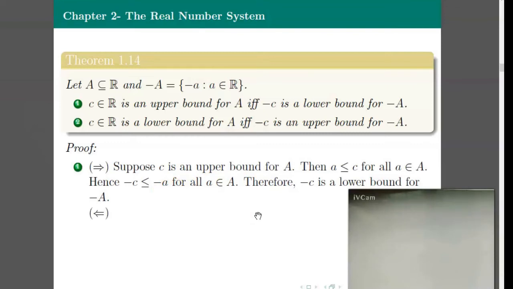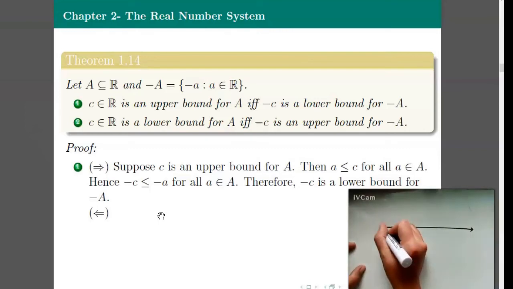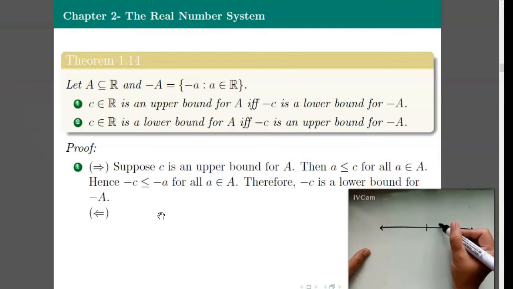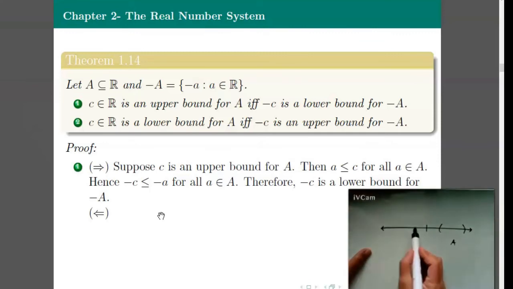So let me have this illustration. Okay, so if we have here set A, the negative of set A is somewhere here.